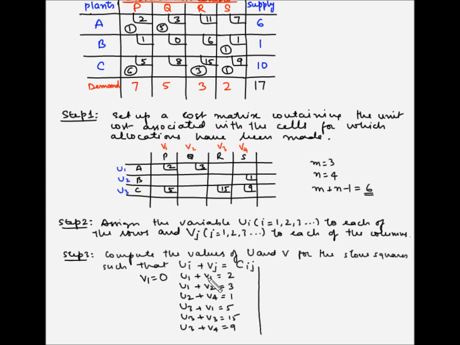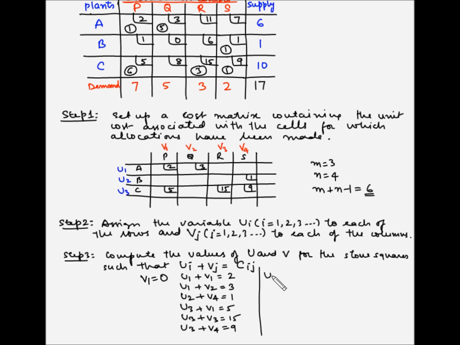So in the first formula, v1 is equal to 0, so that means u1 is equal to 2 and v1 equals to 0. Now u1 is known, u1 is 2. So v2 is equal to 3, and we can bring this 2 on the other side. So 3 minus 2, v2 is equal to 1.